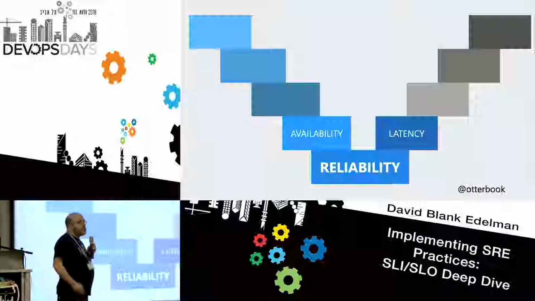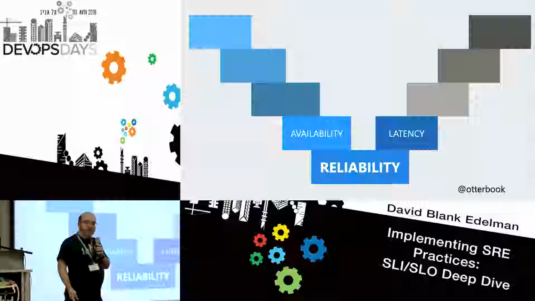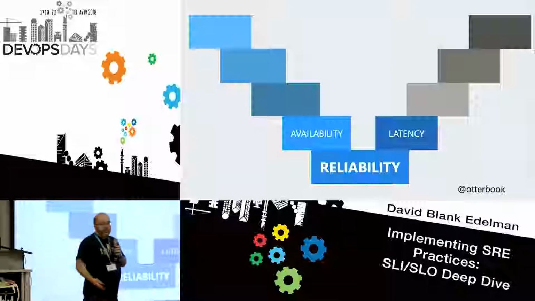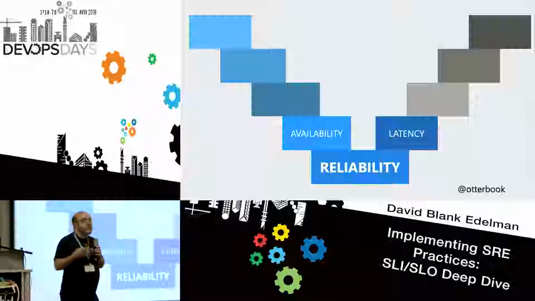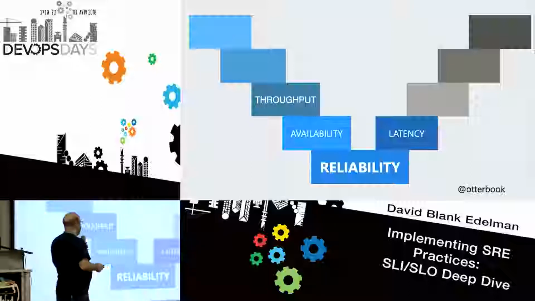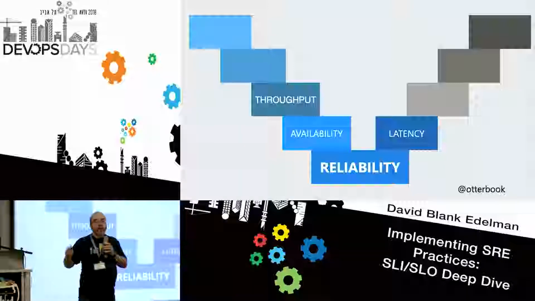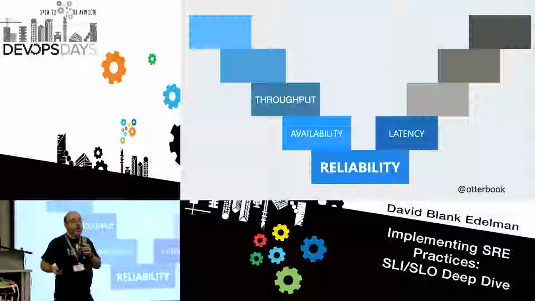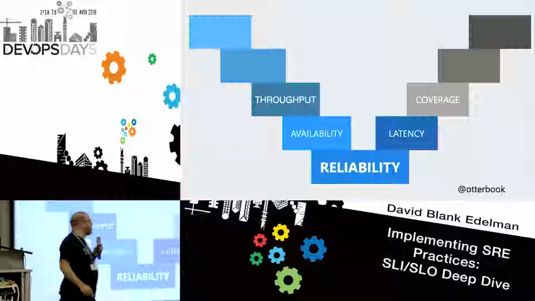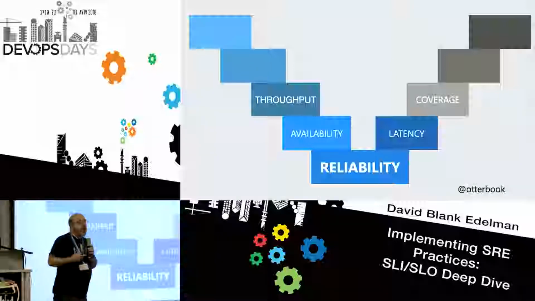The other possibility is you might care about latency, right? There's this notion that slow is the new down. Have you heard that before? And so if something is too slow, you might want to make sure that you have the right level of latency. Sometimes you care about throughput. If you're running, say, a batch processing system or a pipeline, you care a lot about throughput, and you need to measure that also. Or maybe you care about coverage.